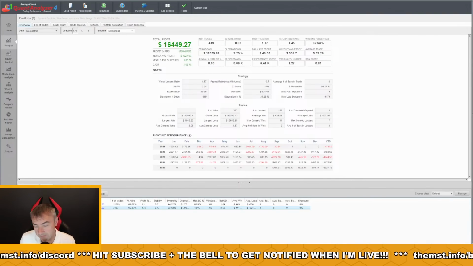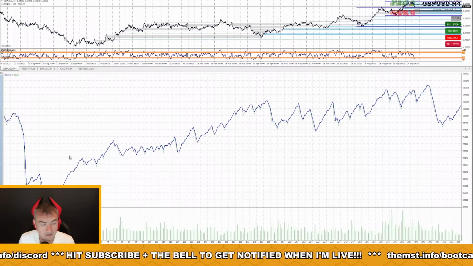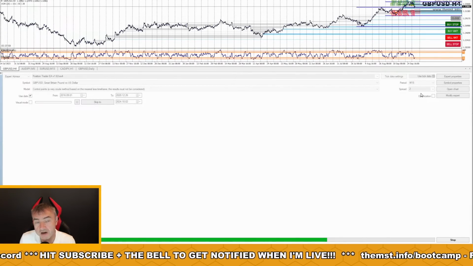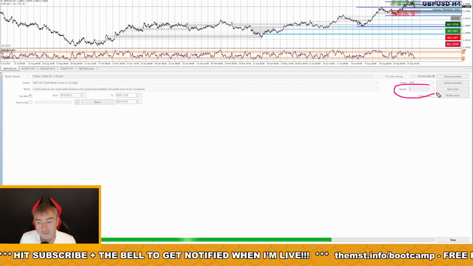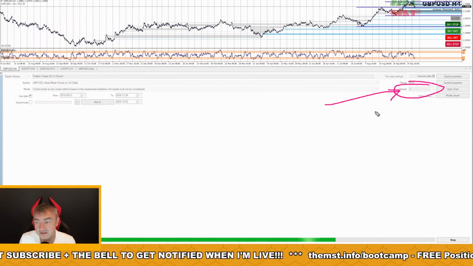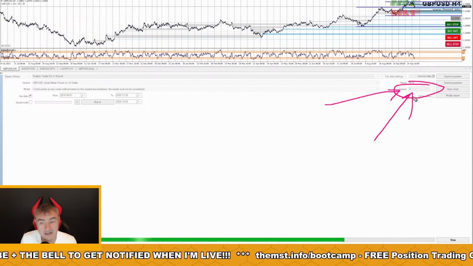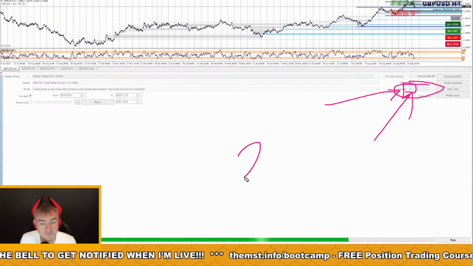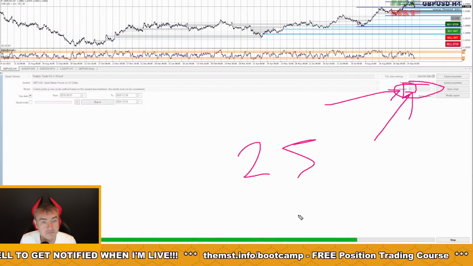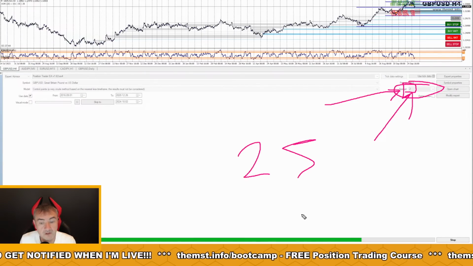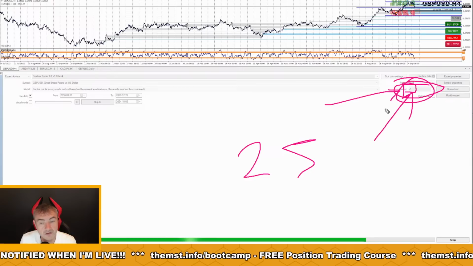Something else as well I forgot to mention, we touched on it the other day, was spread. So one of the system parameter permutation tests, the robustness tests you can do, is to make it robust, it needs to work if I've got a spread of 2 pips or 5 pips. So that's another one you can run.